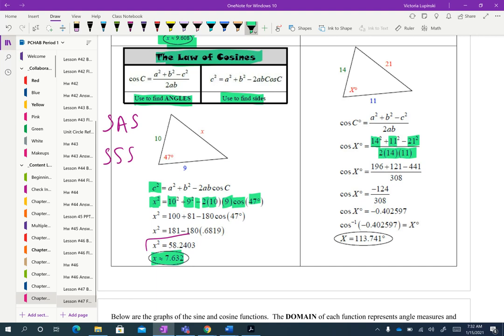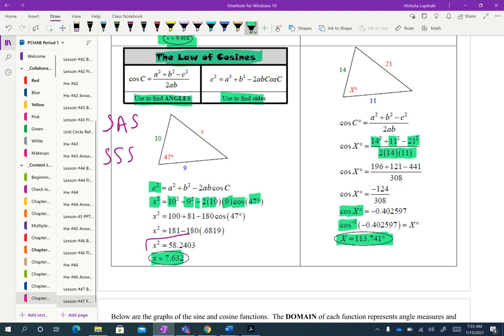Again, once you do those calculations, in order to find the missing angle, you're going to have to do the inverse cosine. When you do the inverse cosine, you're going to get the angle, which is 113.741 degrees.